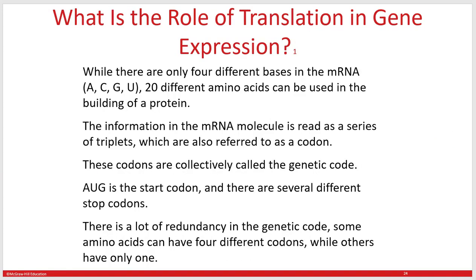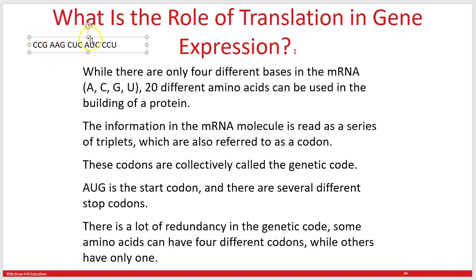And while there are only 4 different bases in the mRNA, A, C, G, and U, 20 different amino acids can be used in the building of a protein. And so if we look at a section of RNA, let's say we have CCG, AAG, CUC, AUC, and then CCU.